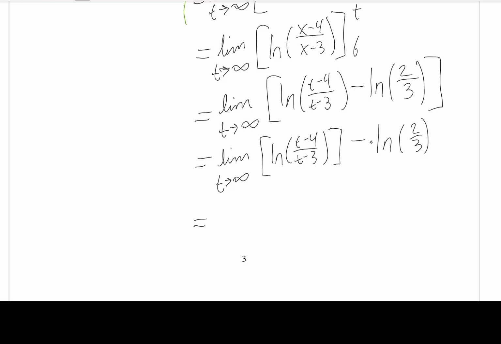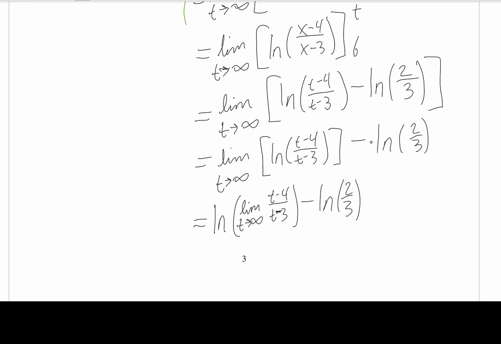So then this is the natural log of the limit as t goes to infinity of t minus 4 over t minus 3, minus ln 2/3. Using L'Hopital's rule on this inside, that's where we take the derivative of the numerator and the derivative of the denominator.